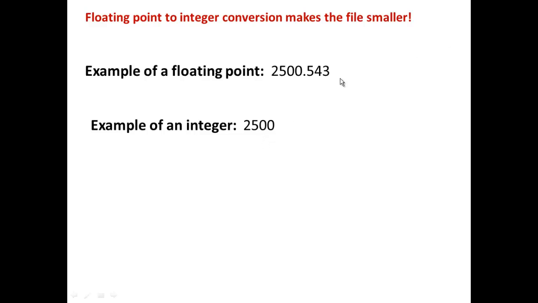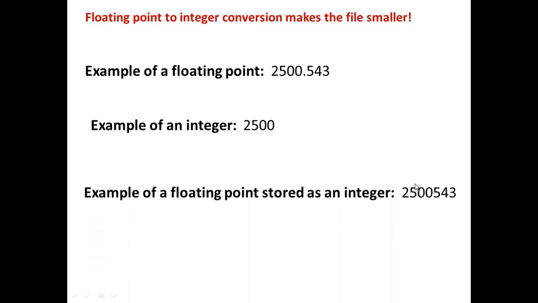For example, if we multiplied this floating point by 1,000 before we stored it as an integer, we could store that same number as a single integer, and we would just have to remember that the last 3 digits were actually after the decimal place. That's a little trick that you'll see people use sometimes. But in our example today, we're just going to take the floating point data, chop off everything after the decimal point, and round to the nearest integer.